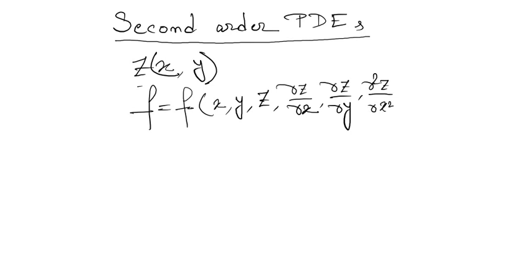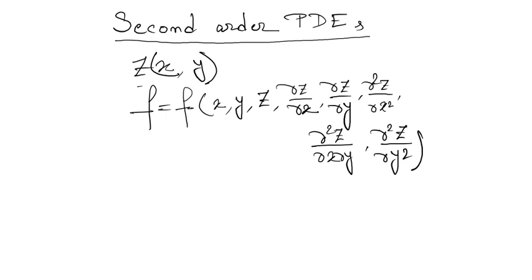Okay, up to that it was first order, but if I further move to del squared z by del x squared, let me write it here, del squared z by del x del y, and del squared z by del y squared, then you can see that this is no longer first order, it is now of second order.